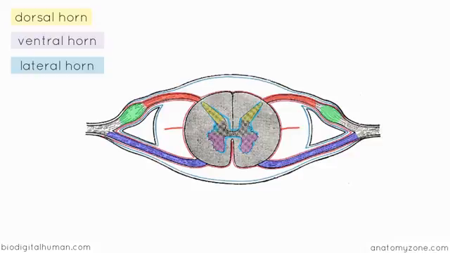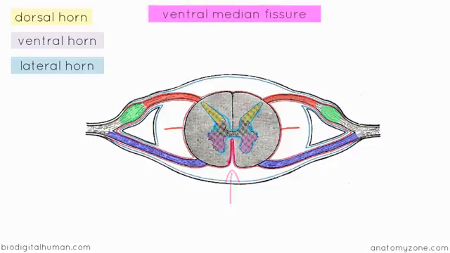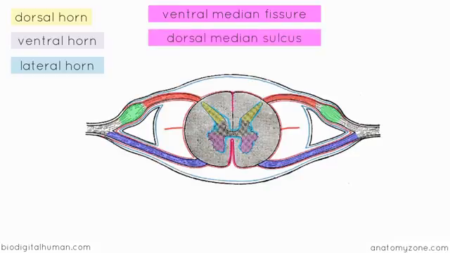Now you'll also notice that there's these two grooves which run into the spinal cord. So anteriorly, which I'm outlining in pink, you can see that there's a fissure which is known as the ventral median fissure. And posteriorly, you've got the dorsal median sulcus.